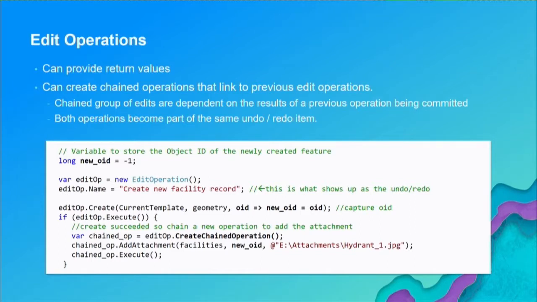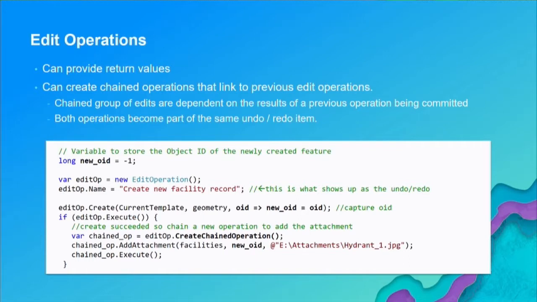Now, why do we want to do that? Because as a subsequent operation, we would like to put an image as an attachment onto this newly created feature. So in the first line, we're creating it and receiving the object ID out of it. And if it has successfully executed, we're creating something called a create chained operation. So that is a logical subsequent operation.